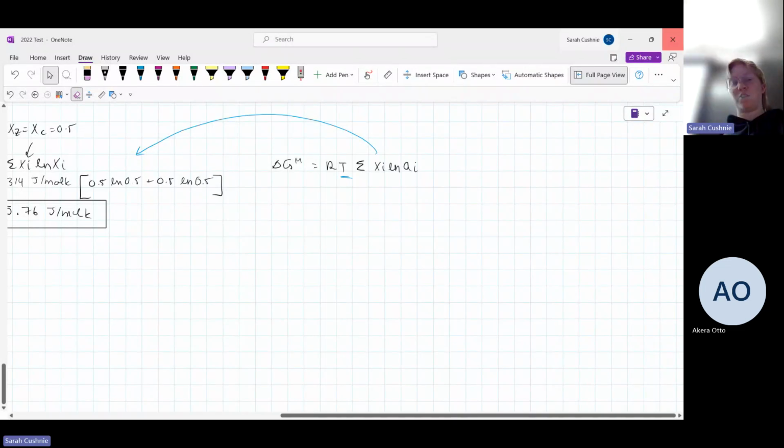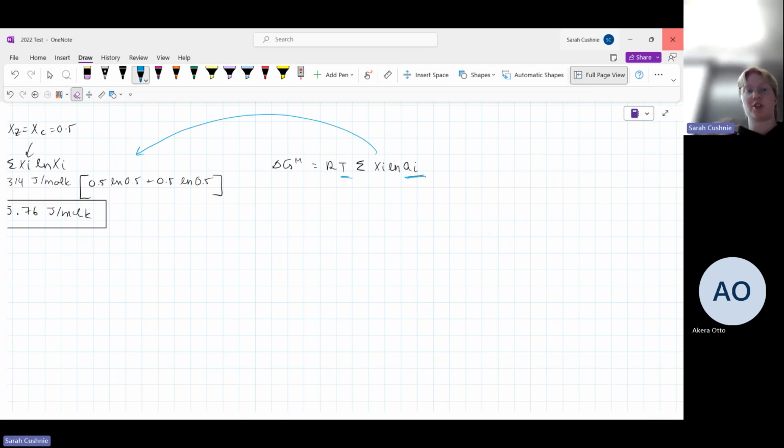Anyways, so this is one definition. This is very similar to our calculation for entropy, but in this case, we're not just talking about the ideal component of mixing, because we're using our activity, not just the mole fraction. So if we were to calculate this, you can plug in the values: 8.314 joules per mole K times 800 Kelvin times 0.5 ln 0.676 plus 0.5 ln 0.676.